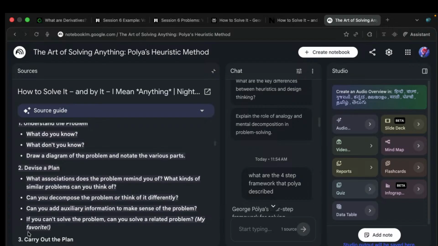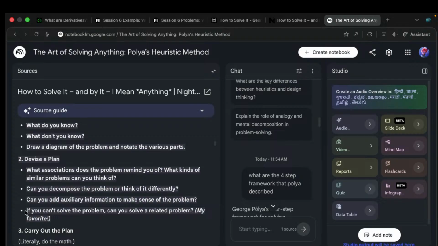We can add a small piece of additional information to the problem, and then we can make sense of the problem.